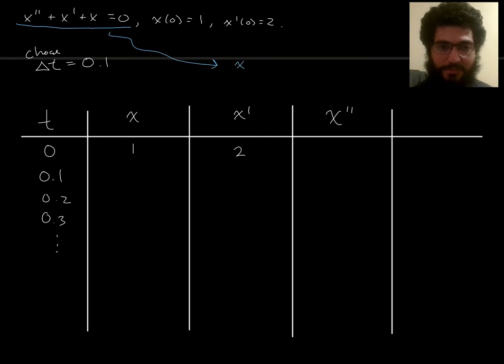This tells you x prime prime equals minus x prime minus x. And this could have been non-homogeneous. It could have involved t, but it just happened not to. So this depends on this and this. It could have also depended on this, but it just happens not to in this example. So here we know the initial x prime prime. It's negative 2 minus 1. So it's negative 3.